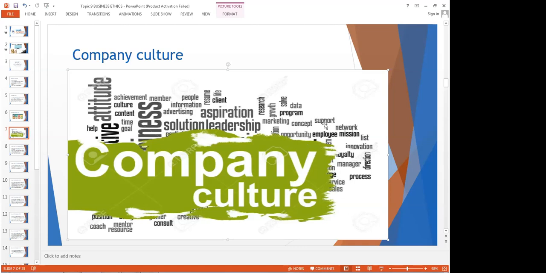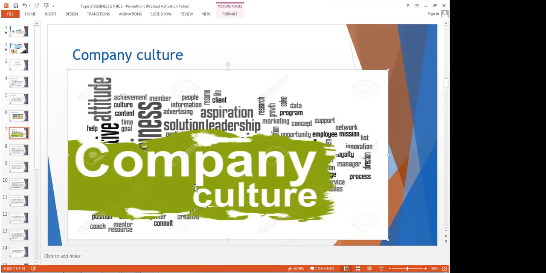The support by the employees, support by the NGO, networking with other people within the company. The employee mission: what is the mission of the employee? Employees should also be innovative, creative, they should consult, and they should have mentors and coaches.